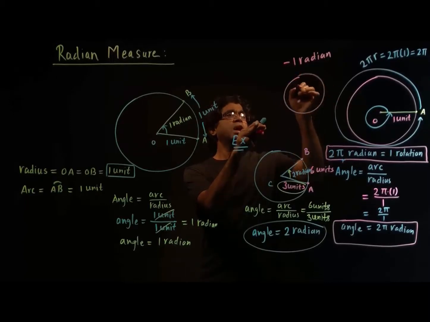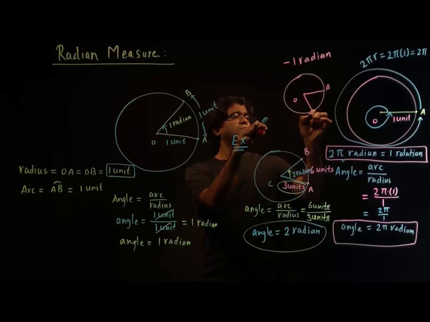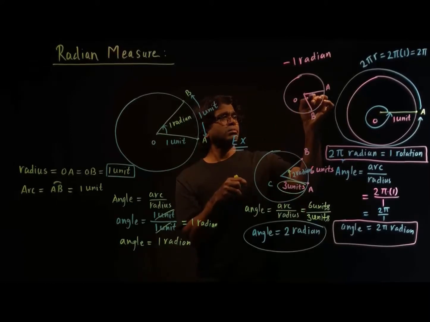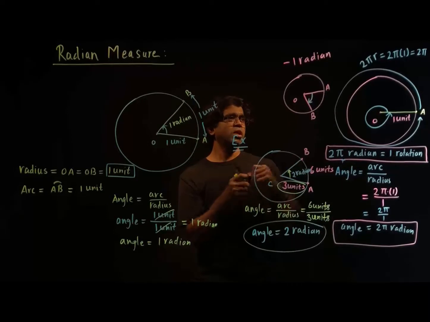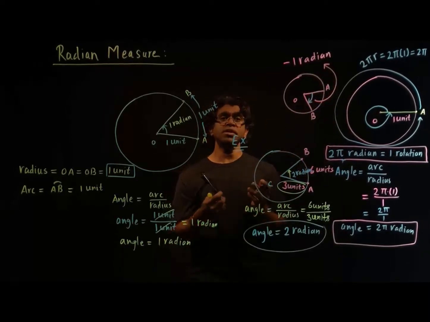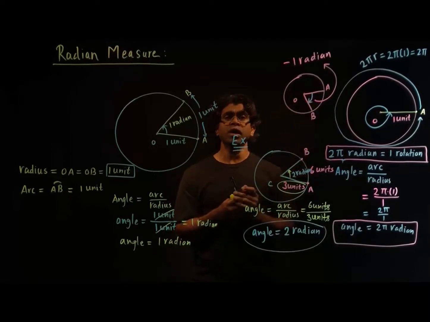I will draw a circle, and this is my starting point, with center O and point A. I will go below that, and I will draw my arrow like this, which represents negative 1 radian. The reason is that we are going in the clockwise direction to measure the angle.